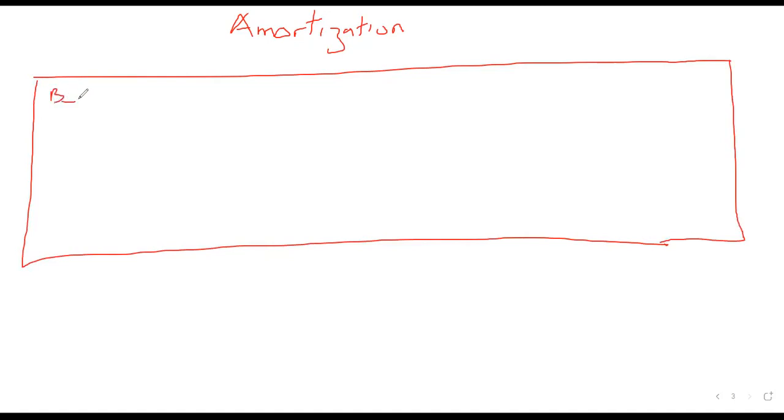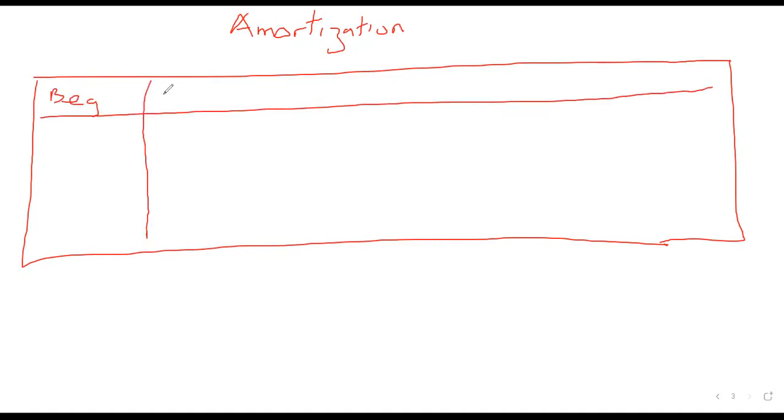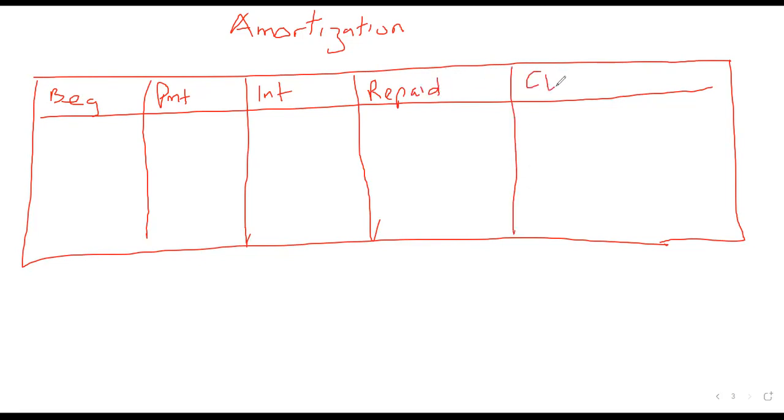Number 2, we have the payment. Number 3, we have the interest. Number 4, we have the repayment, the loan repaid. Number 5, we have the closing balance.